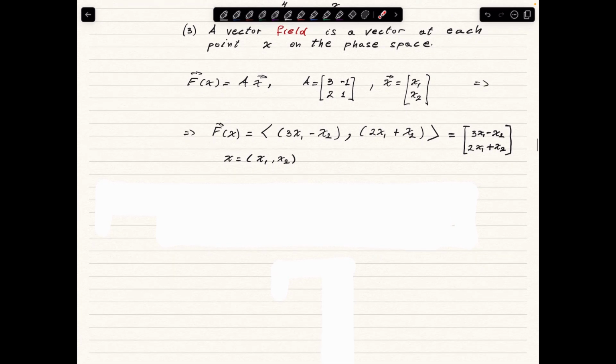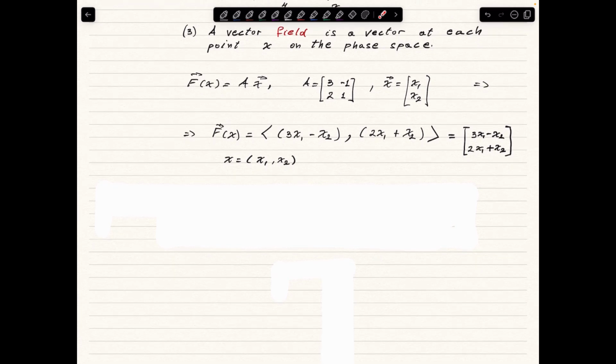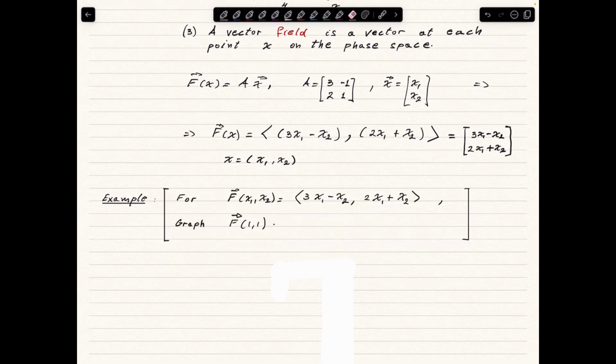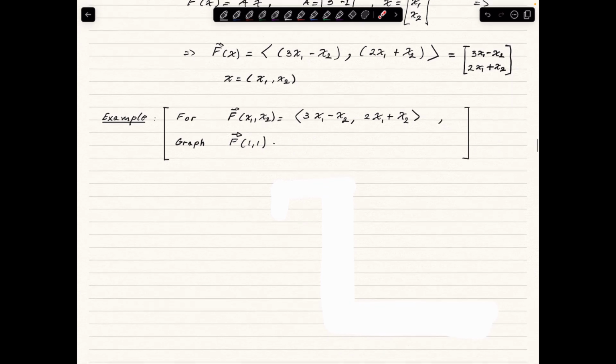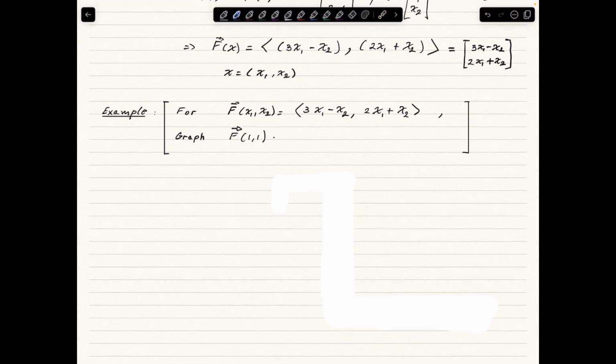So let's see how this vector looks, for example, at one particular point. Let's graph this vector field only at one point in the phase space, the point (1, 1). Solution: we need to compute the vector field at the point (1, 1).